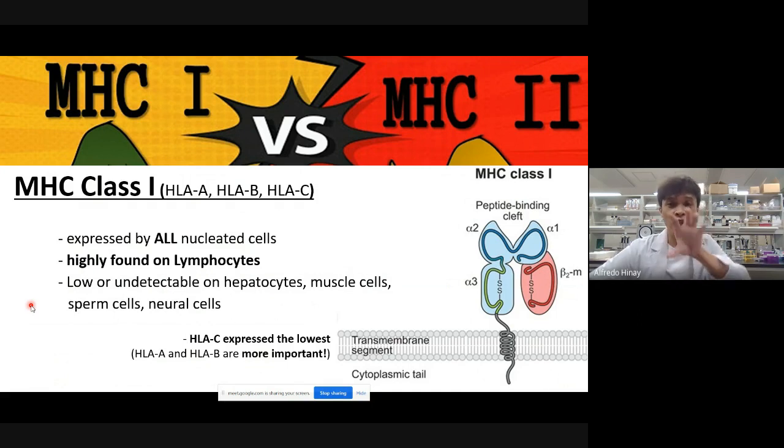But if you go back to the start of your RBC maturation series, you can observe that the reticulocyte in the first stage has a nucleus. Then therefore, there is already expression of your class 1.